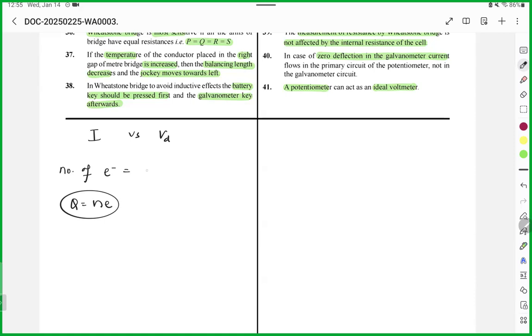The simplest way is volume. Area into length is volume, and you take density, this n, which is equal to total number of electrons per unit volume. So can we say total number of electrons will be area into length into n?